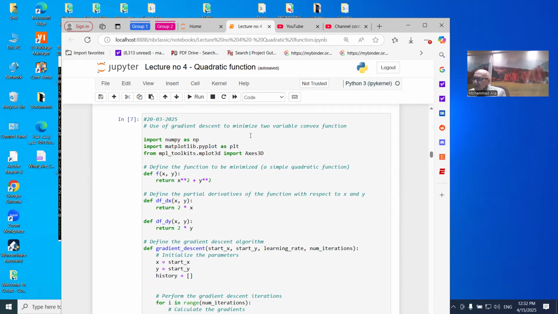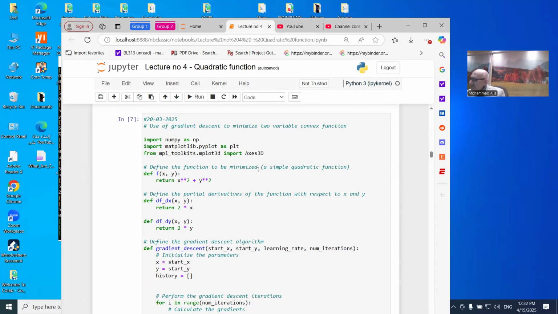So here is our function and we have x and y variables. Remember, when working with gradient descent, we always have to define a start point, and at this start point we find the derivative.